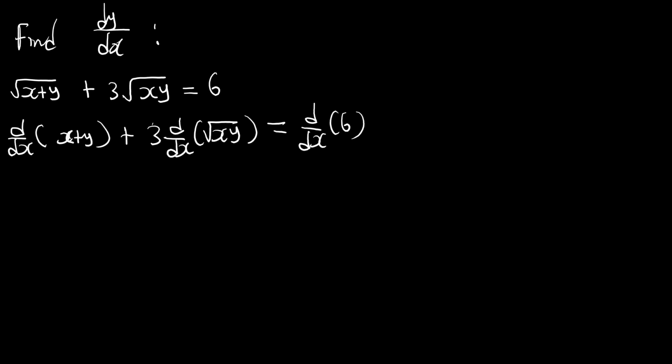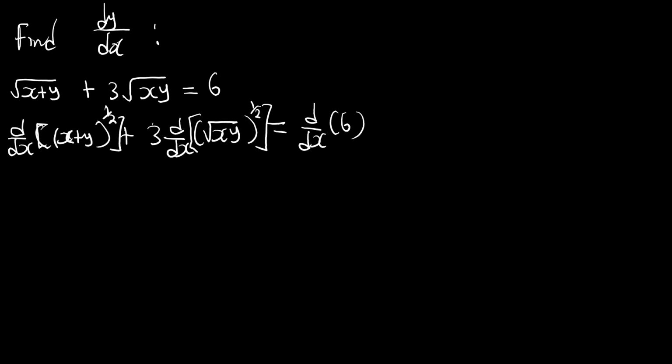We know that a square root is the same as exponent 1 over 2. So we have exponent 1 over 2 here, and even here we're going to have exponent 1 over 2. Now for this one, the derivative of (x + y) to the exponent half, we are going to apply the chain rule.